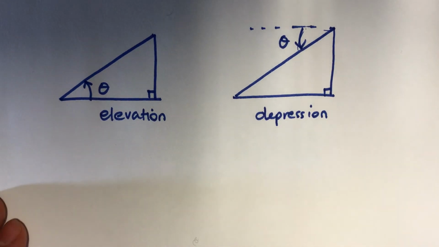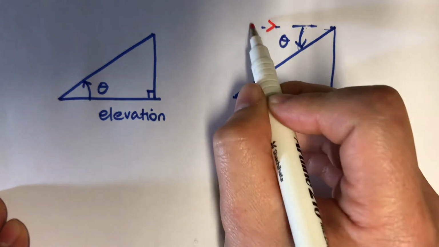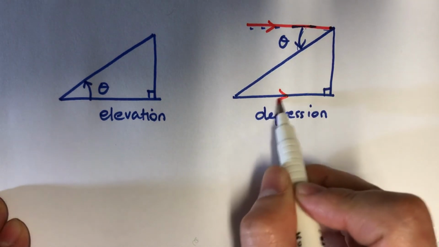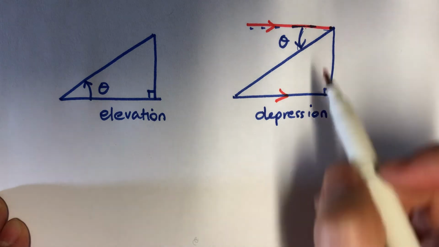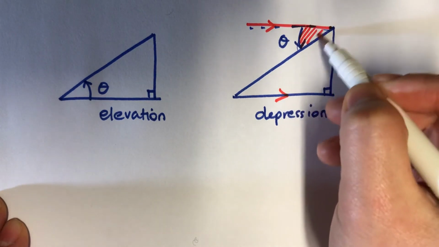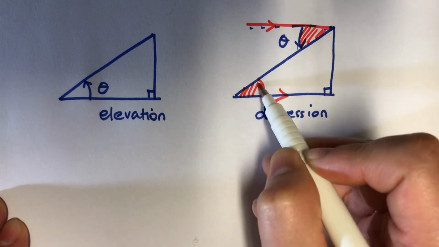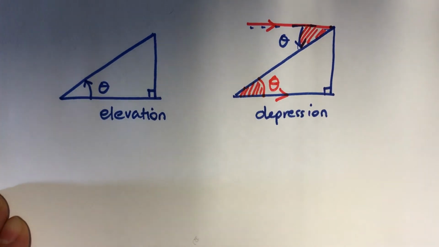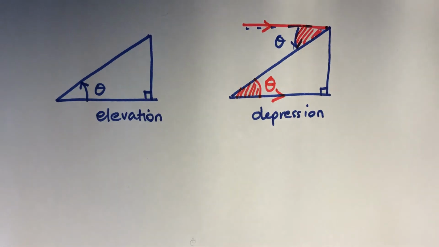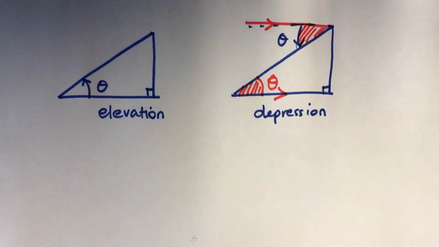Also, the top and the bottom are parallel to each other. What does that mean? It means the angle of depression and angle of elevation are the same because they are alternate angles on parallel lines.